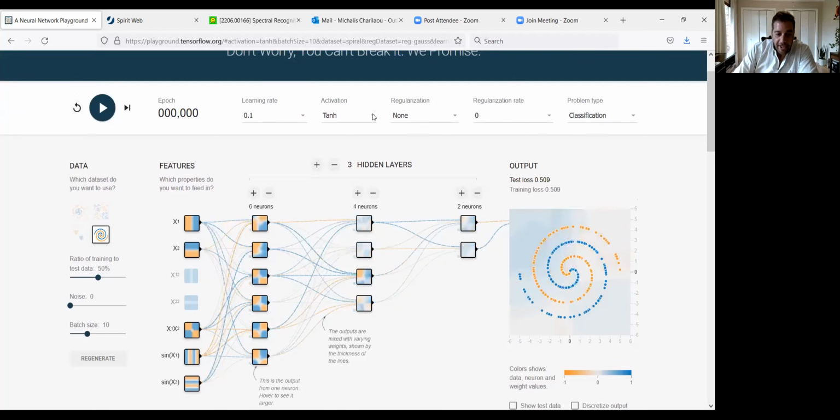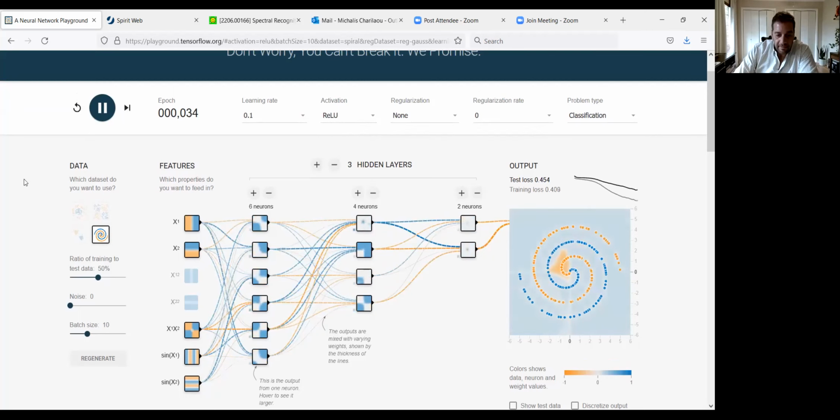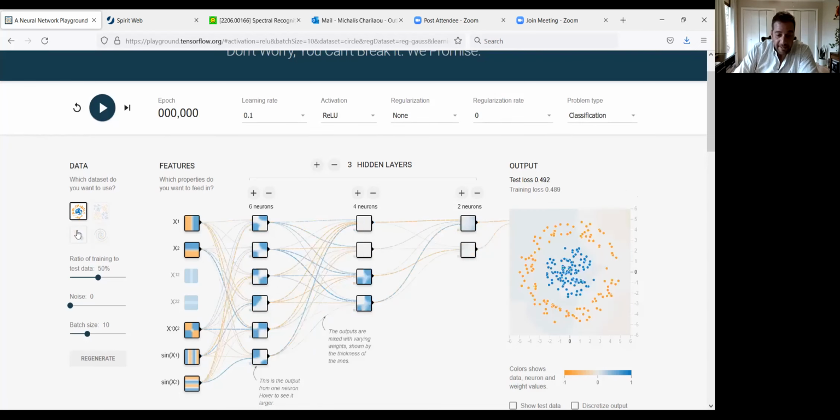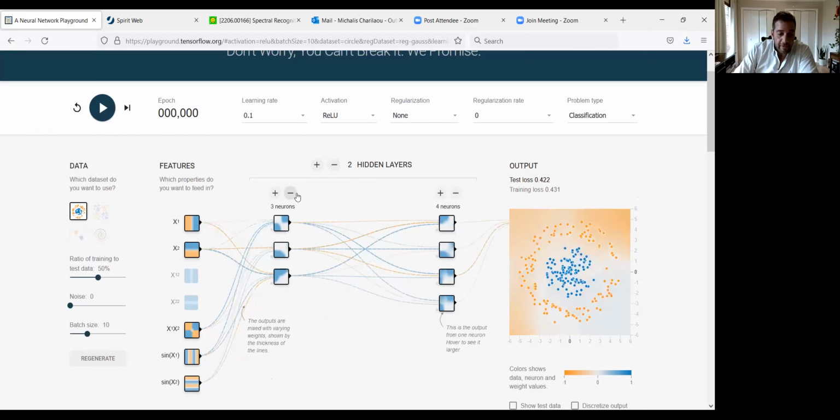What happens if I change the activation function? Obviously, the other one was better than this. So this goes to the question: how do we decide the architecture of the network? There's no one answer to that. It depends on the data. For this simple system, one hidden layer with 4 neurons was enough.